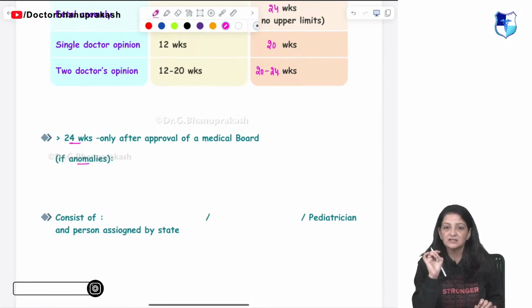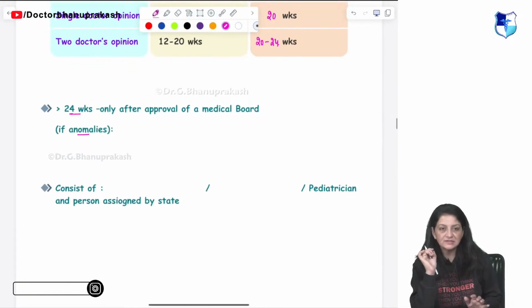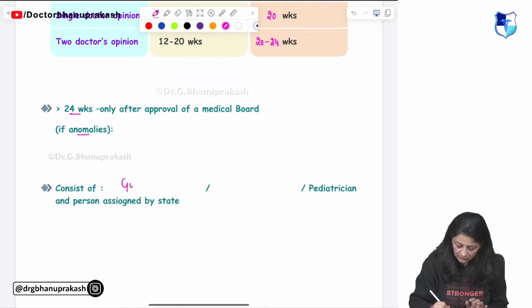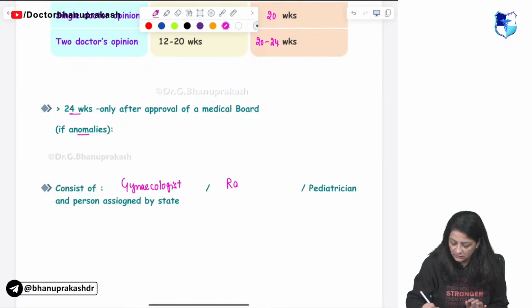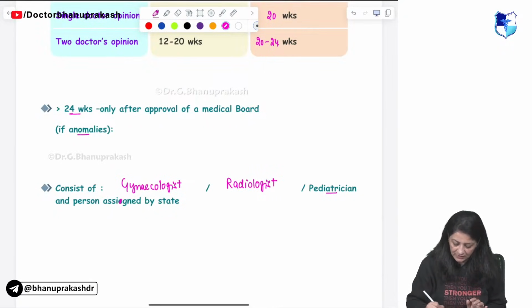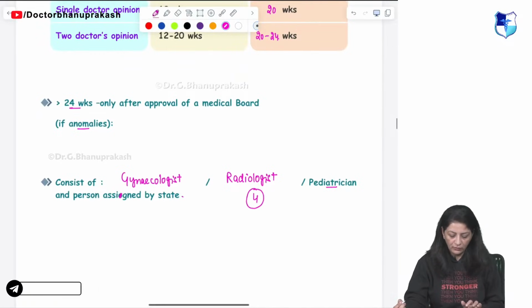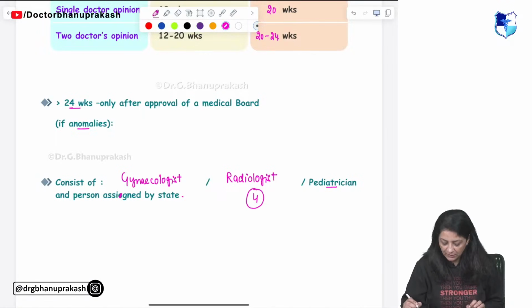If less than 18 years or if she is mentally retarded, then guardian's consent is important. The medical board consists of a gynecologist, radiologist, pediatrician and a person assigned by the state. So a group of 4.